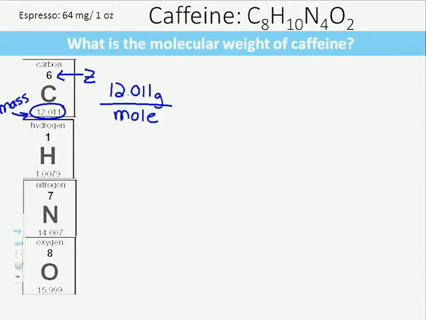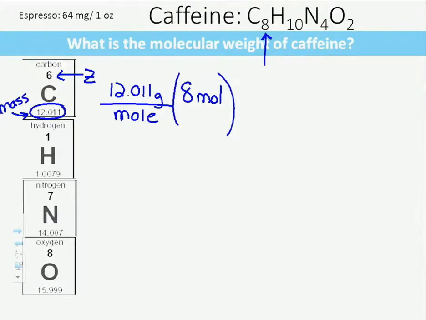So per mole, that means if we have 1 mole of carbon, we can expect the carbon to weigh 12.01 grams. So if we have, for instance, in caffeine, 8 moles of carbon, how much would we expect the weight to come from carbon? Let's multiply this by 8 moles.